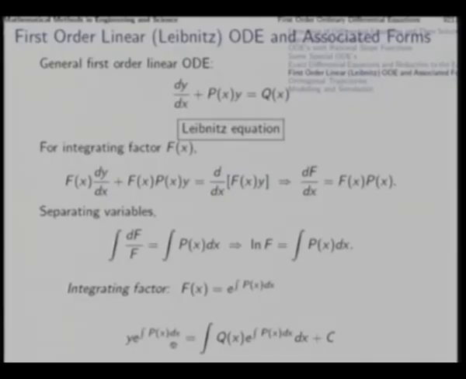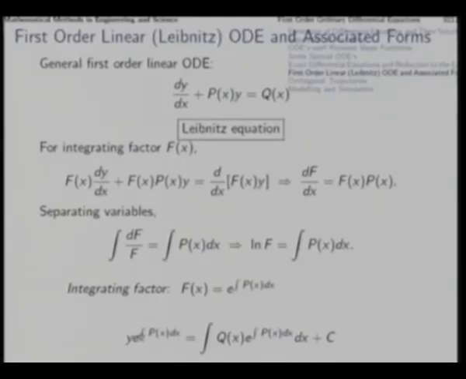Then we integrate it, because on this side we will have q(x) into the integrating factor. We integrate it, and we get y into this is equal to this integral, however complicated that integral may be, plus a constant. Now, this gives us the complete solution of the differential equation.